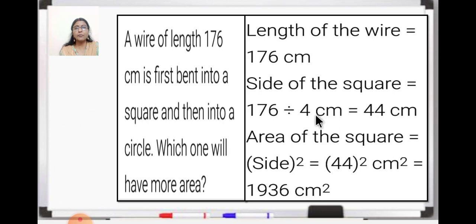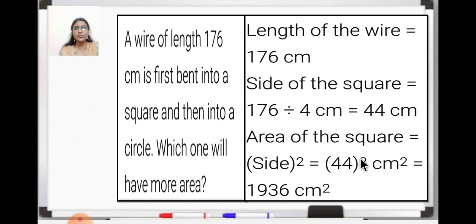You can use the formula of perimeter of square. 4 into S is equal to, this is length of the wire, that is equal to 176, and then side is equal to 176 divided by 4, and then when you divide it you will get 44 centimeter. And now once you get the side, easily you can find out area of the square. So area of the square, you know, side into side.